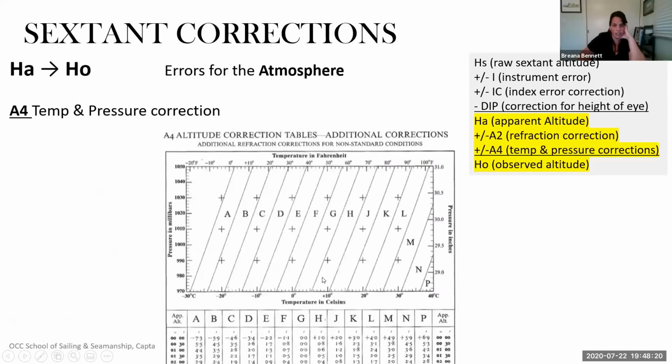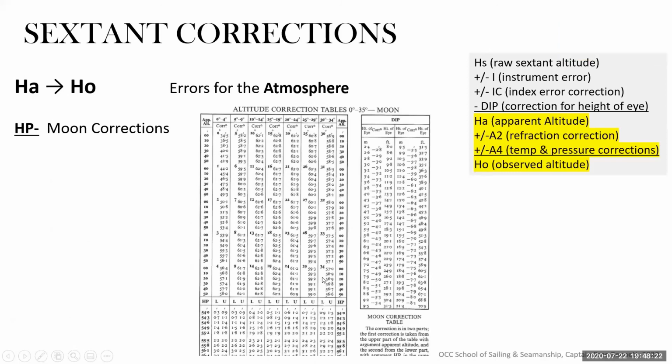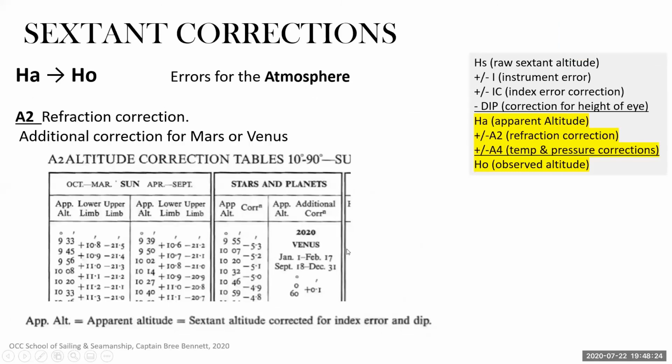So yes, you have two tables for the sun, stars, and planets, correct? You have the A2 and A3. Yes. And dip is applied no matter which table you use, correct? Correct.